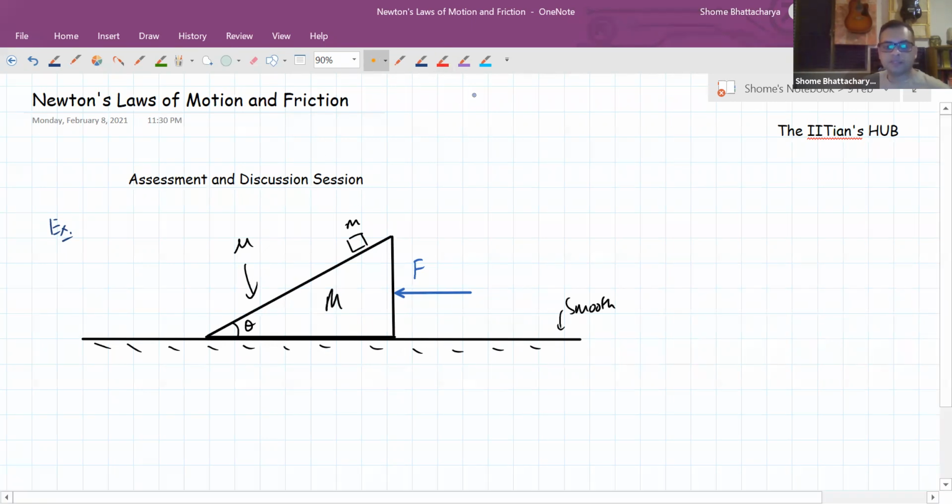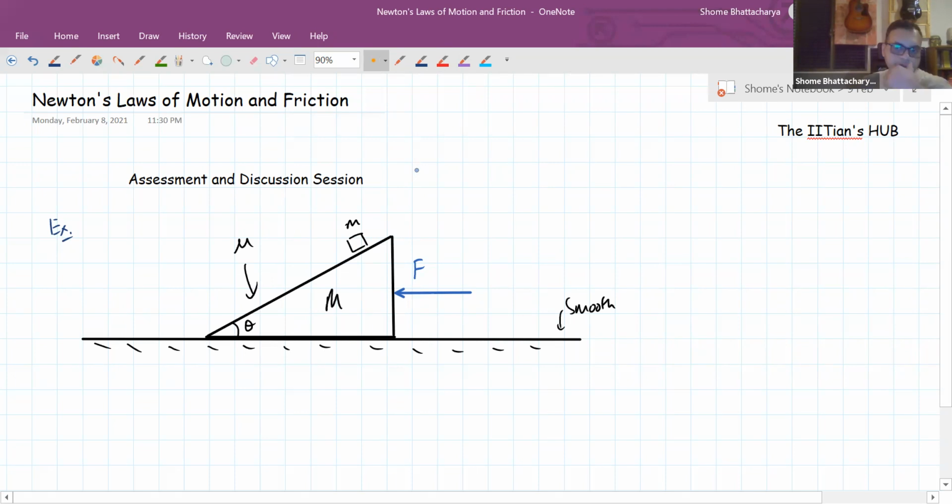And in this particular question we will look to find the range of F, that is the horizontal external force that can be applied on the wedge so that the block remains stationary with respect to the wedge. Because there is friction involved now, there are two extreme situations in which limiting friction will act, and between those two extreme limiting situations there is a range of force that can ensure that the block does not slip with respect to the wedge.